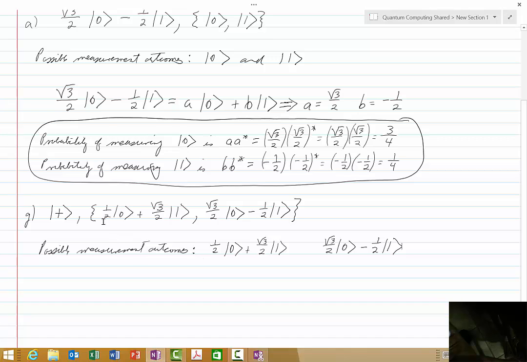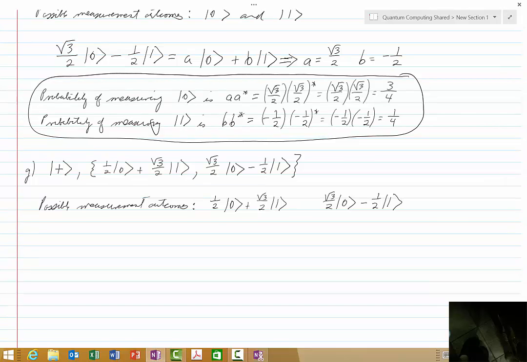And finally, if you take the inner product of this term with this term, you will get 0, meaning that the two terms are orthogonal to each other. So that makes it easy for us to do the next part of this, which is to find the probability of each one of the measurement outcomes.